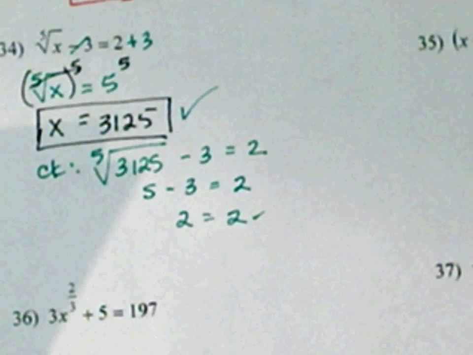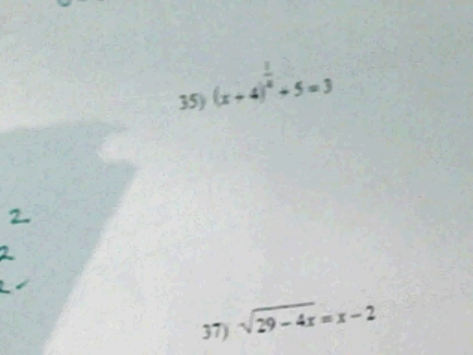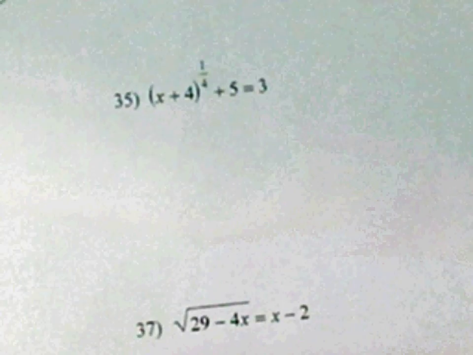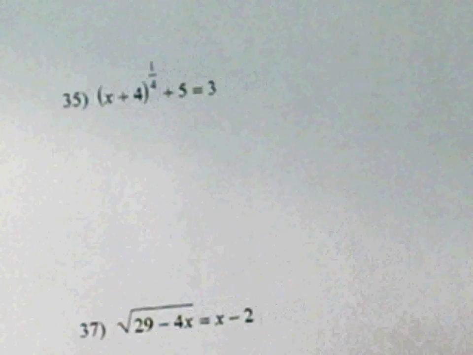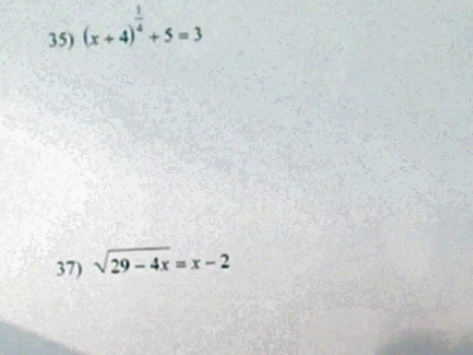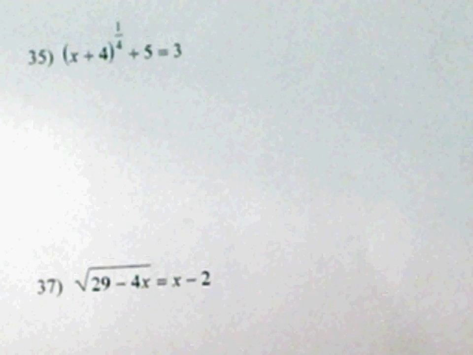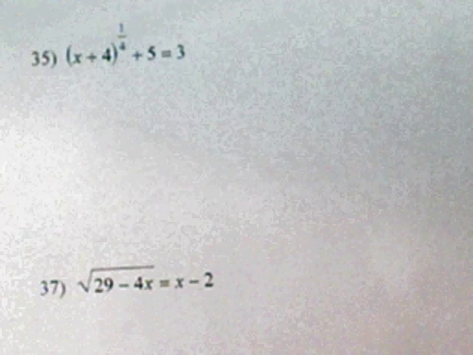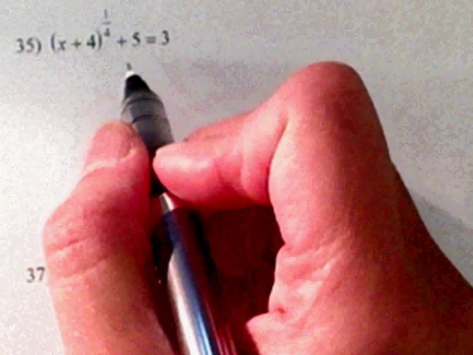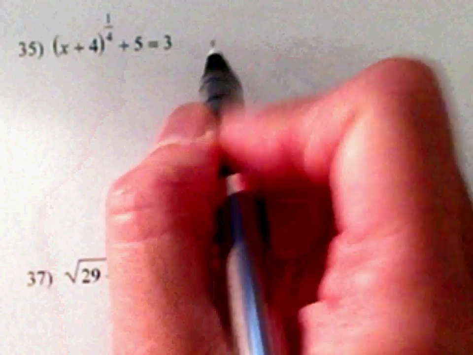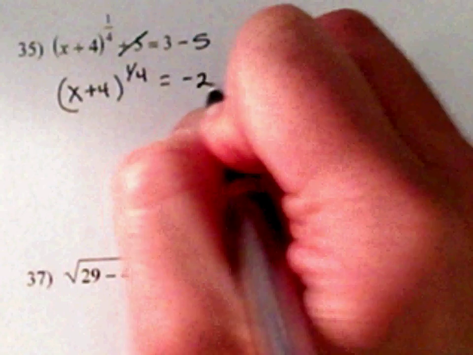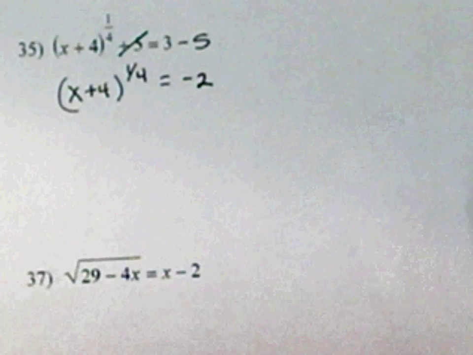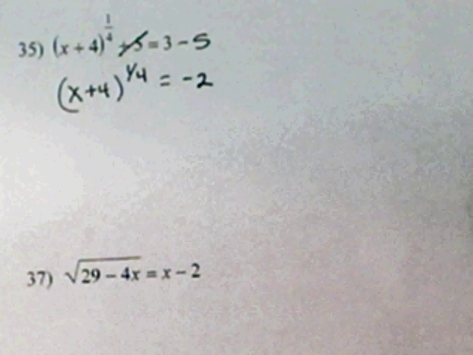Number 35. Now, remember I showed you guys different methods? I showed you guys 3 different ways you could have done this problem, okay? And based on the problem, sometimes I might do it one way, sometimes I might do it another way. In this case, what I'm going to do first is I'm going to subtract 5 on both sides. So now you have x plus 4 to the 1/4 is equal to negative 2. Now, I want to get rid of the 1/4, okay?